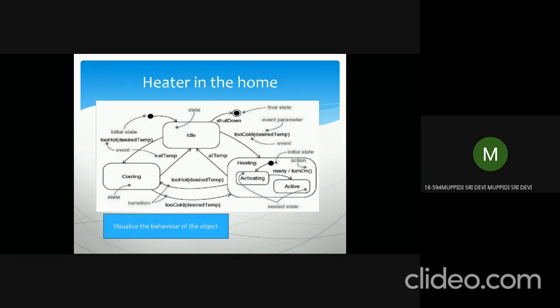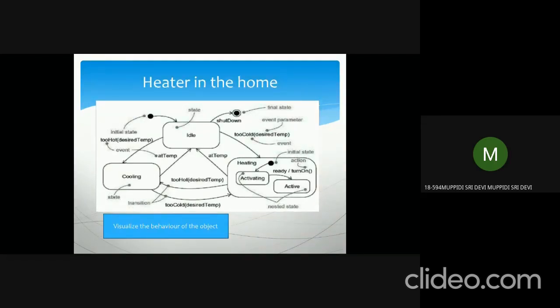It is an advanced state because in the heating state there are substates like activating and active. A state with no substates is known as a simple state, examples are idle and cooling. A state having substates, where we discuss some complex behavior, is an advanced state.